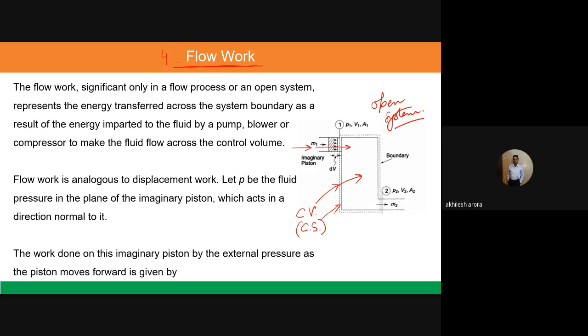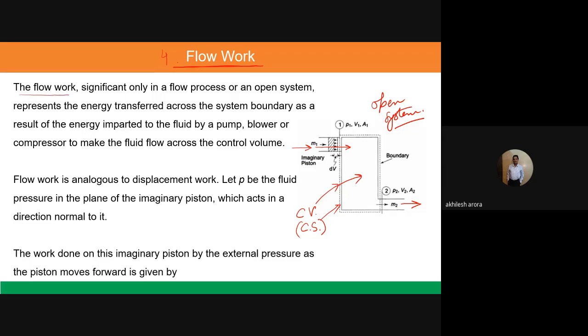So we know in case of a flow system, a certain amount of fluid is always going into the system, and a certain amount of mass is going out of the system. Let us first read what is given here in the slide.